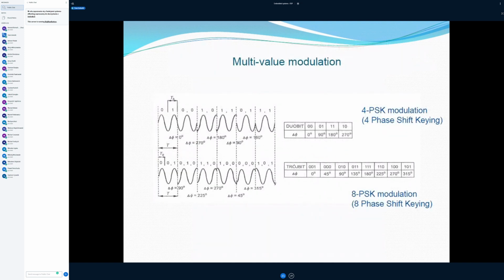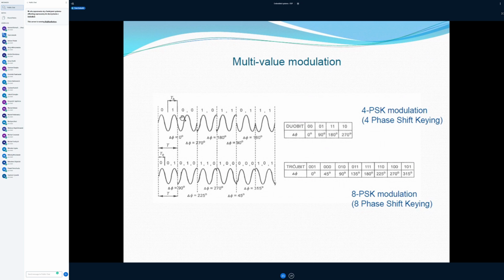And also we were talking about the possibility of multi-value modulation that gives the possibility of increasing the bit rate without increasing the modulation rate. So for example, here you have 4 different phases. So one phase is responsible for 2 bits.